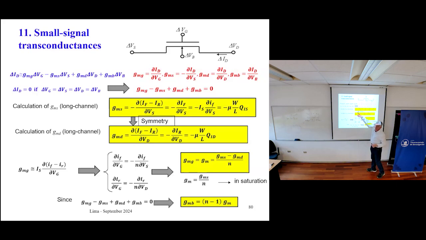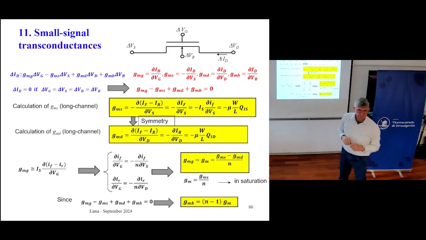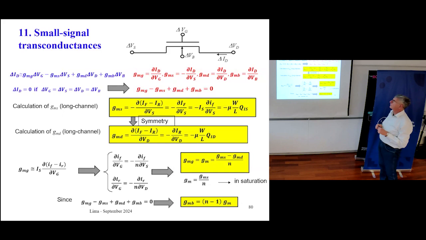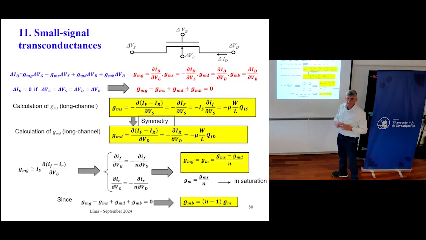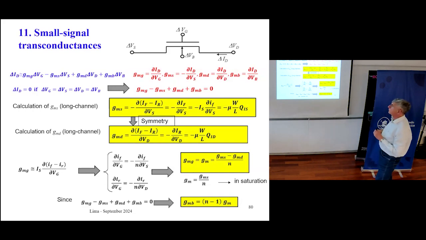The dependence of GMS on IF will appear later. Let's keep it as is in this form right now, okay? But since I know the relationship between charges and currents, I can write this expression in terms of the inversion level at the source. The same for GMD. This is for a long channel device. After that, I'm going to change this a bit for the saturation transconductance.